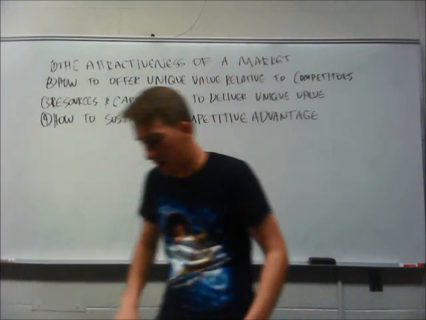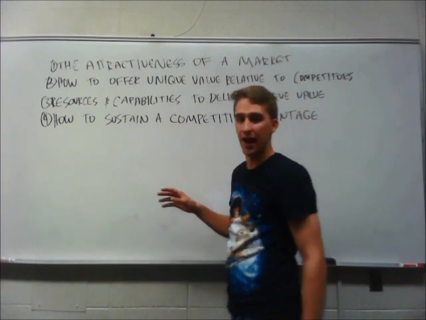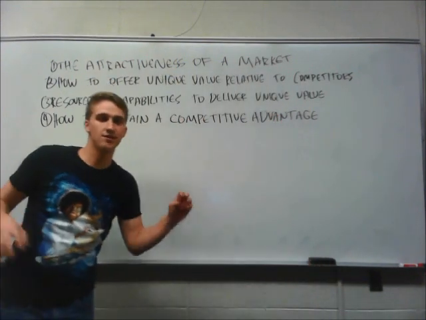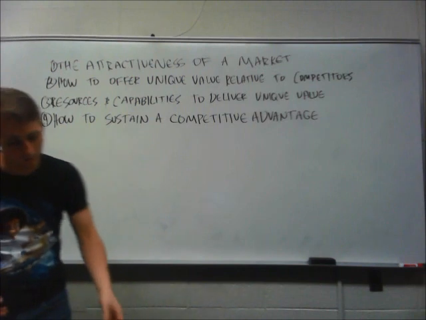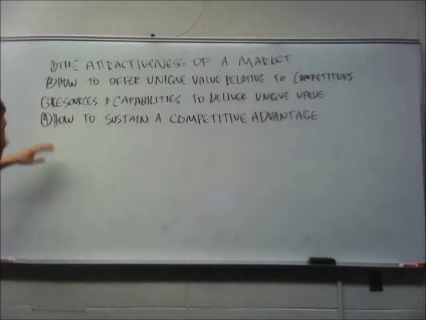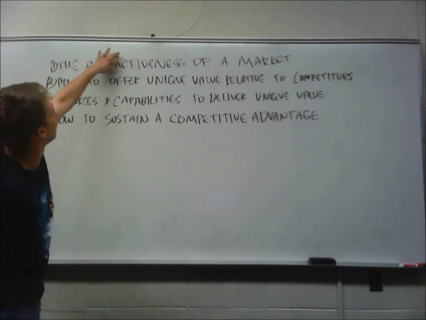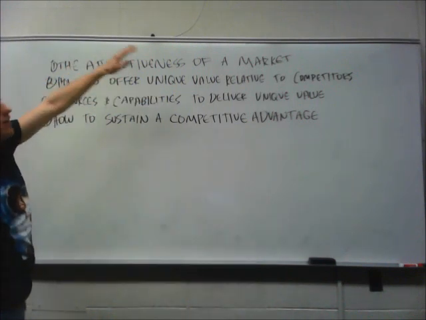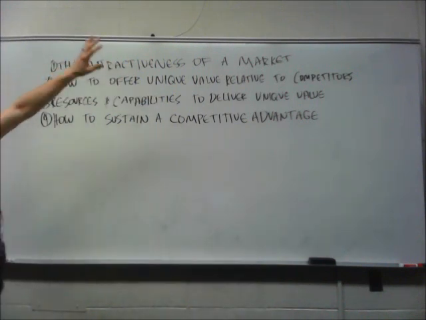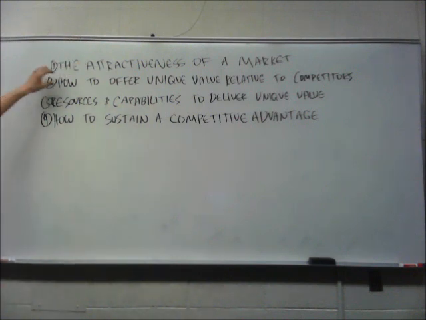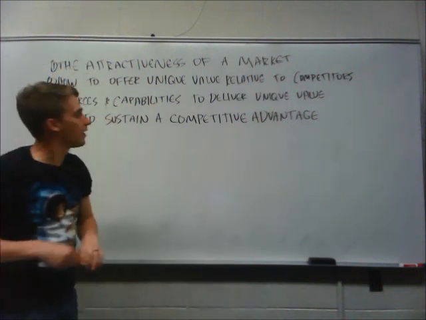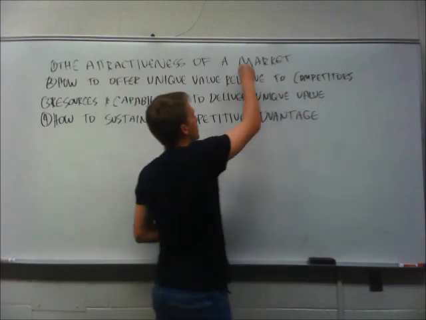For now, let's talk about how you come up with a business strategy. A business strategy answers kind of four questions. It deals with the attractiveness of a market, how to offer unique value. I'm going to underline the important things in each of these.